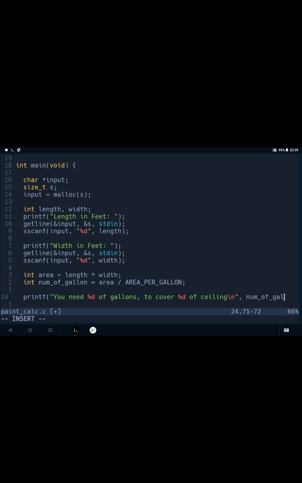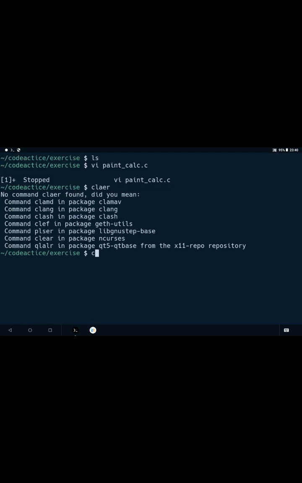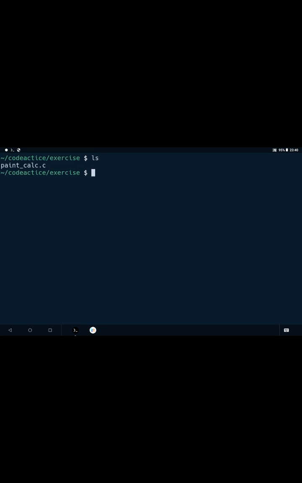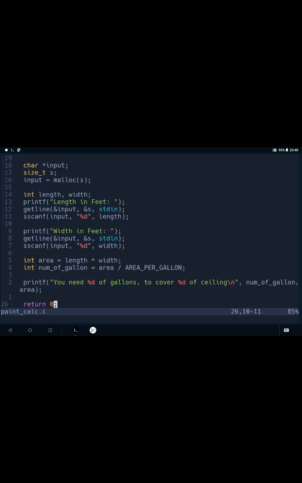Number of gallons and area. Let's test this out.